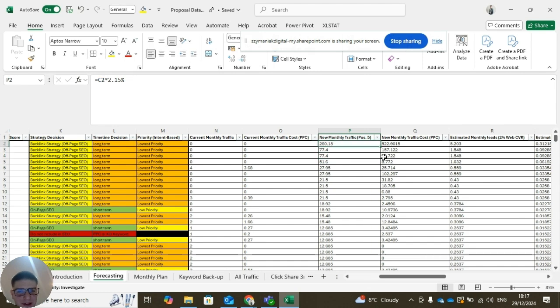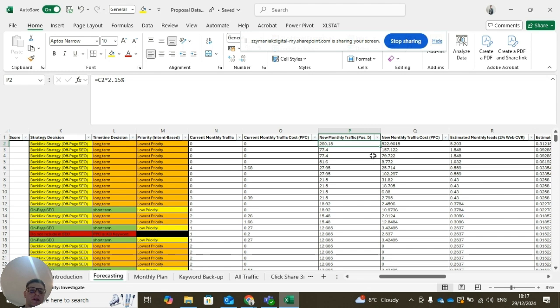After a 12-month period, based on the position numbers, we'll be able to get ourselves to this amount of traffic for each keyword based on the 2.15% click-through rate.